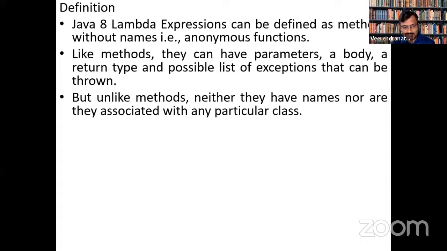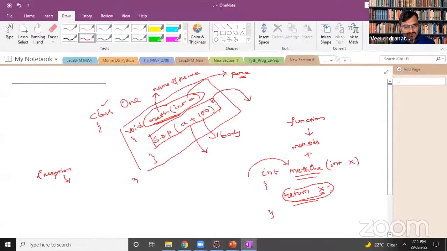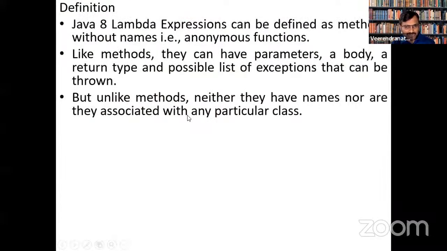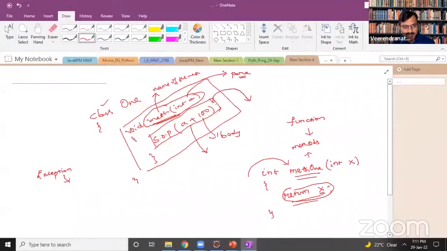But what is there with methods? With methods we have a name, but anonymous functions don't have any name, and they don't have to belong to a particular class. Anonymous functions, or Lambda expressions, do not need to belong to any class.